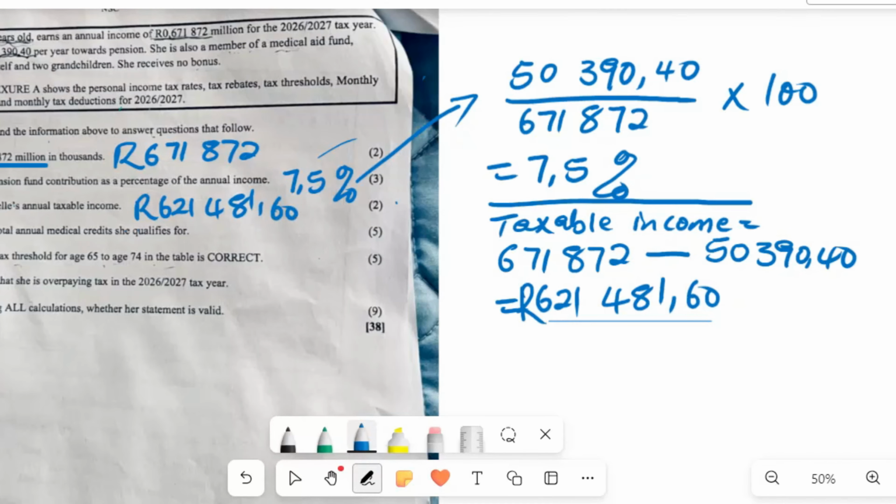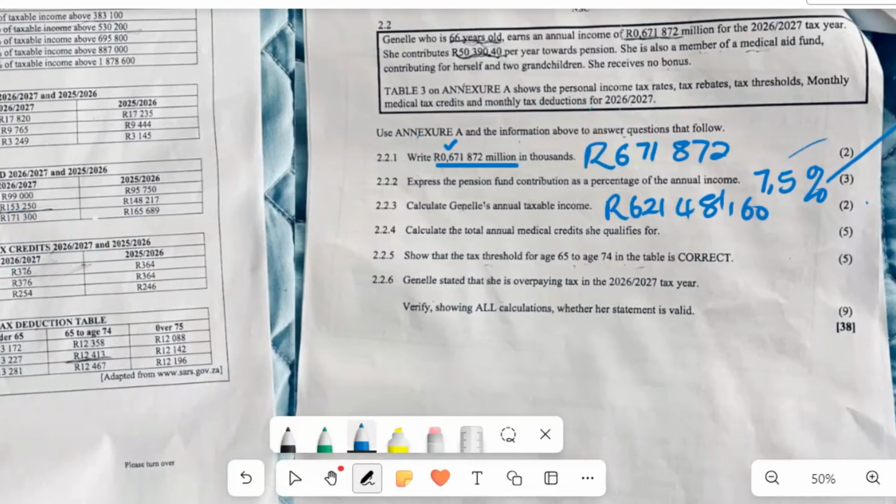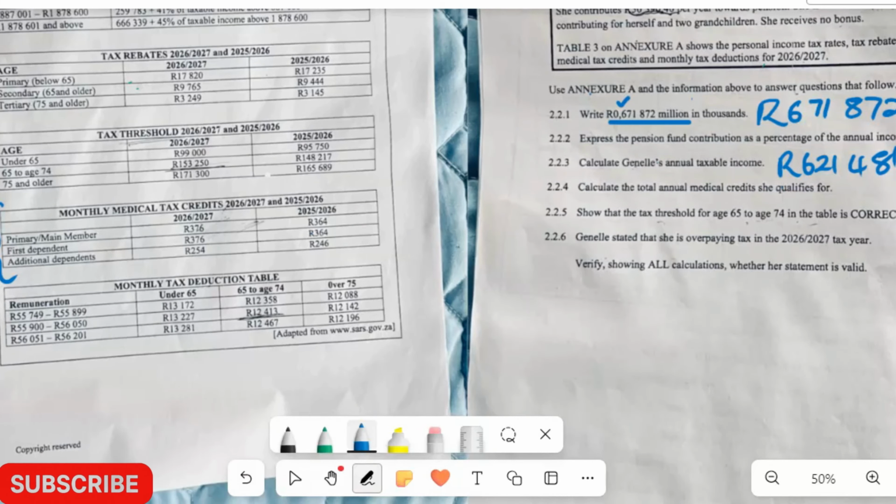Calculate the total annual medical credits she qualifies for. For that we need to refer to this table. She, as the main member, is paying 376 rands, in the year 2026-2027.